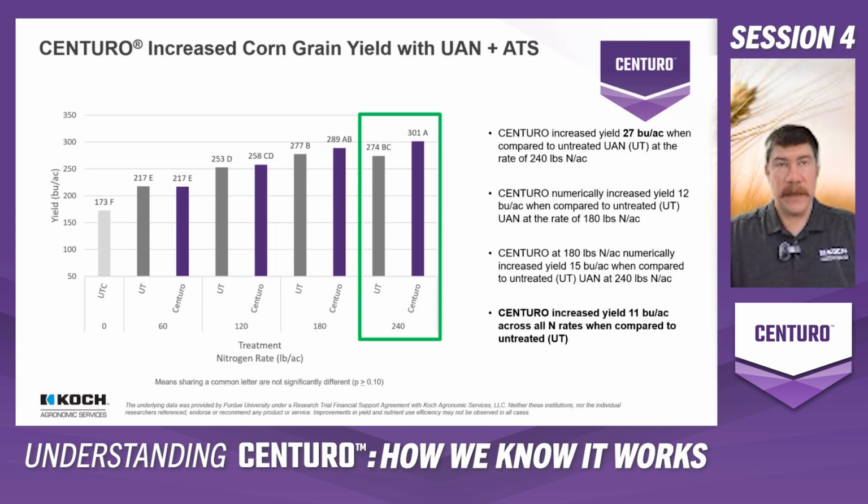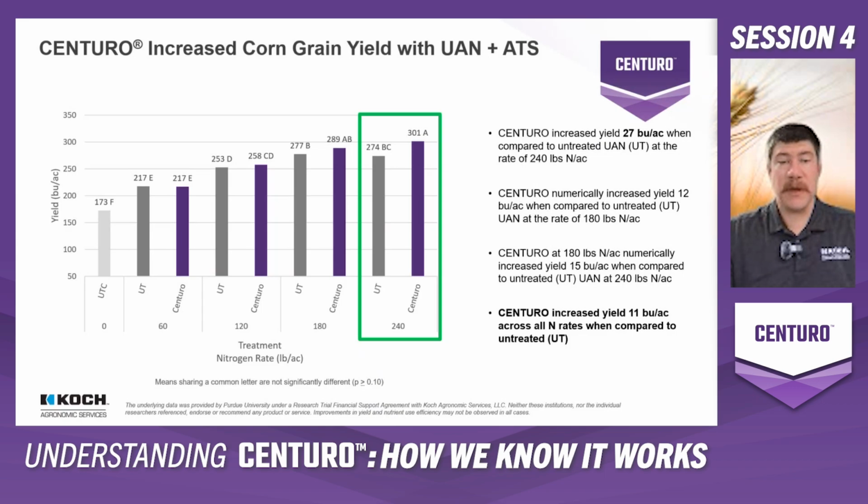What I think is really interesting here is that despite the fact that this 240 pound application rate has a lot of ATS in it, we're still seeing a benefit from CENTURO, which tells me that even though this was probably agronomically more sulfur than the corn crop really needed, we still see a benefit from the application of CENTURO.